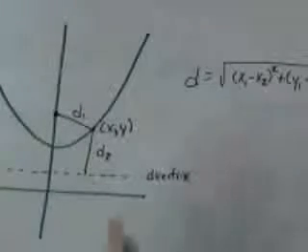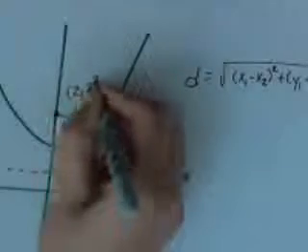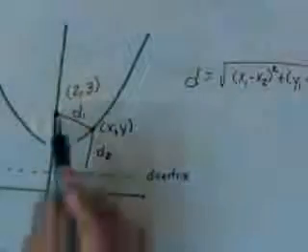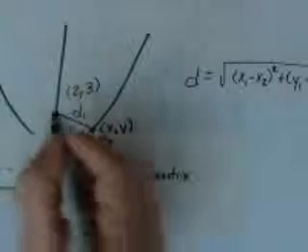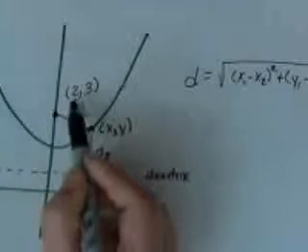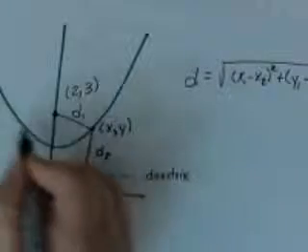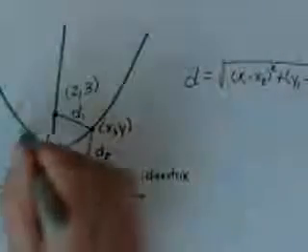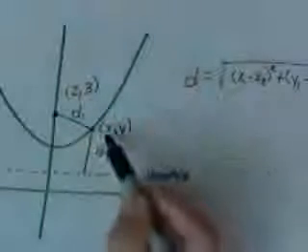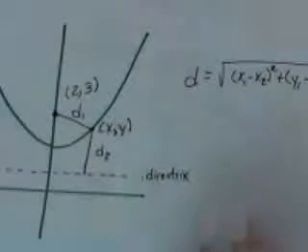Well, sure I can. Let's pretend for this problem that the focus is at 2, 3. I know I kind of drew it so that it looks like it's right on the y-axis, but it doesn't really matter how I drew it. We just know that that focus is going to be 2, 3. We know that xy could be any single point along that parabola, so I'm not going to give that point actual values.